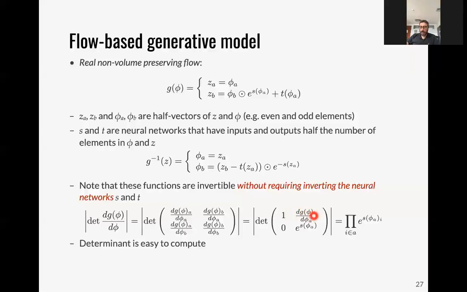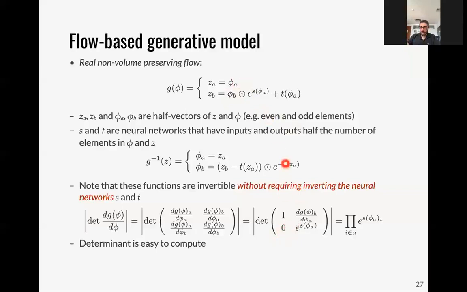The top right corner is basically this line and its derivative with phi A. So that's complicated. So that part we just leave as it is for now. But importantly, the bottom left element, which is basically this line here, the derivative with respect to phi B, that part is 0, right?